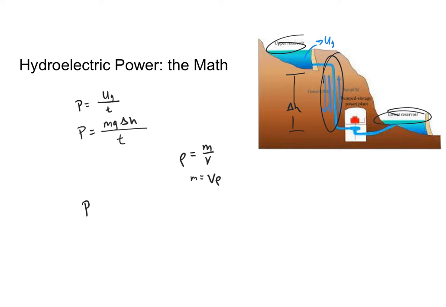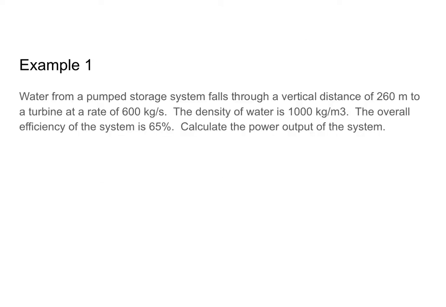So often, I will write my hydroelectric power equation as volume times density times g times the height divided by time. And there we have the hydroelectric power generated by a dam.